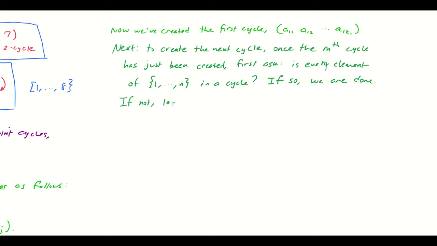let's let A sub m plus 1, 1, so new cycle now, be the smallest element or least element remaining.